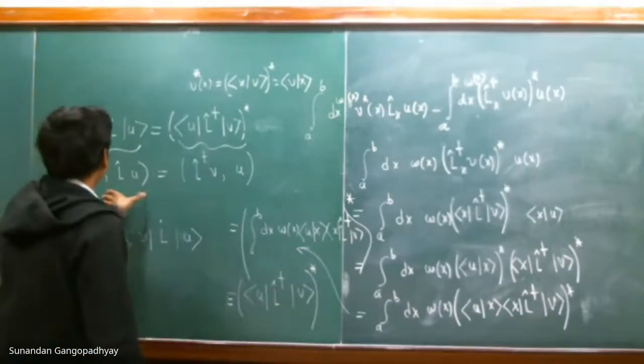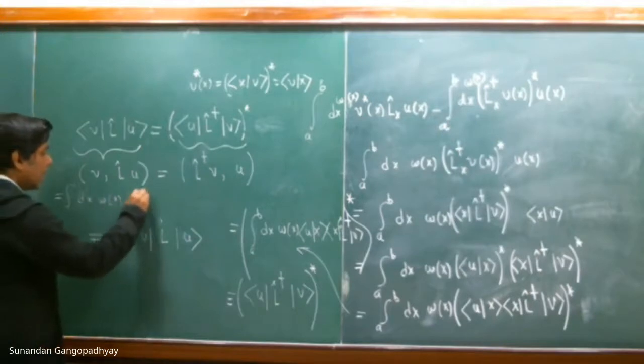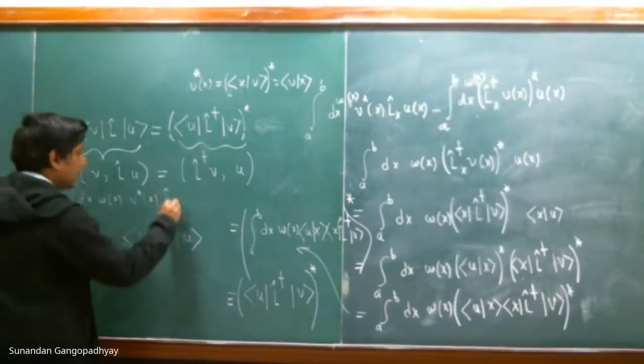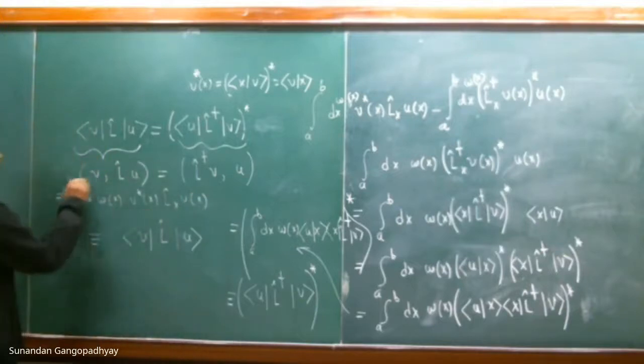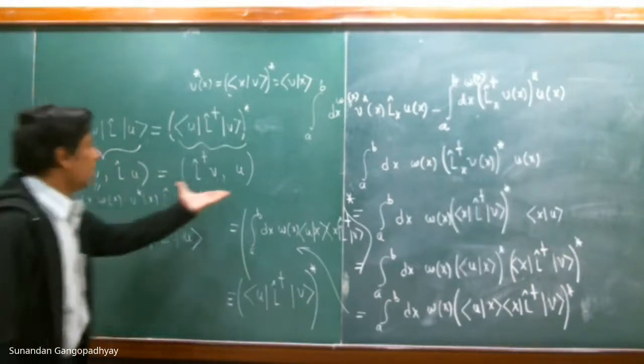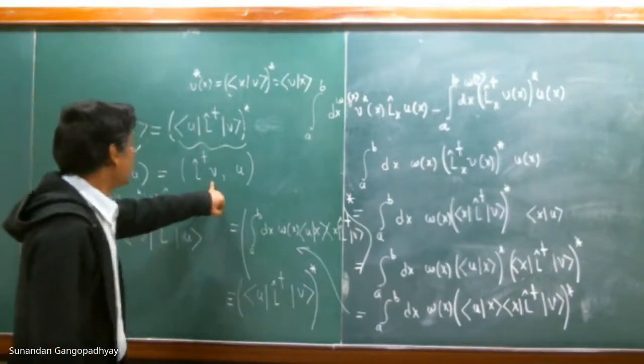What is (v, Lu)? It has the meaning of the integral from a to b of dx w(x) v star(x) L hat u(x). And similarly for this thing, (L hat dagger v, u).